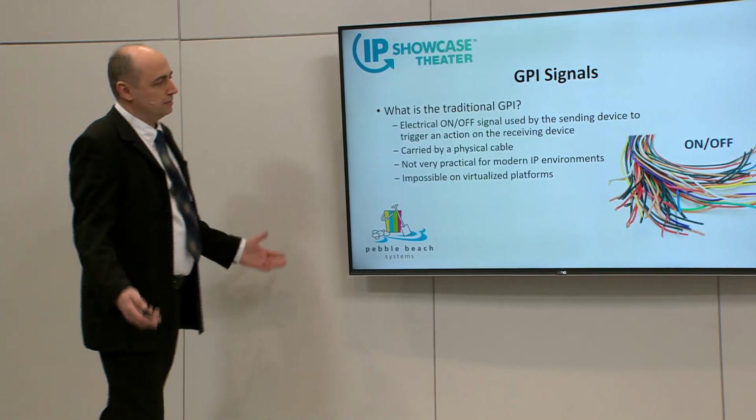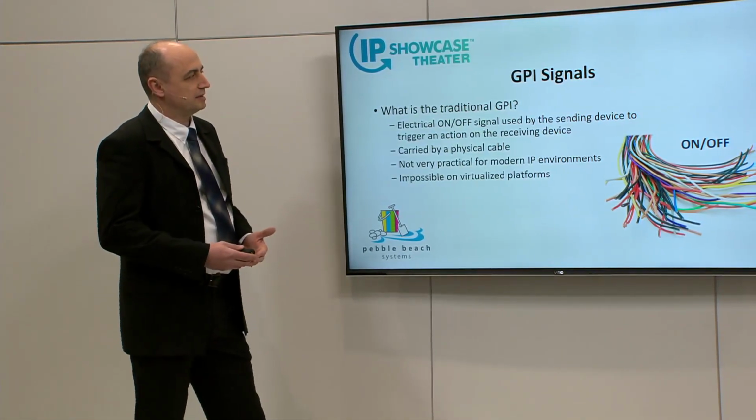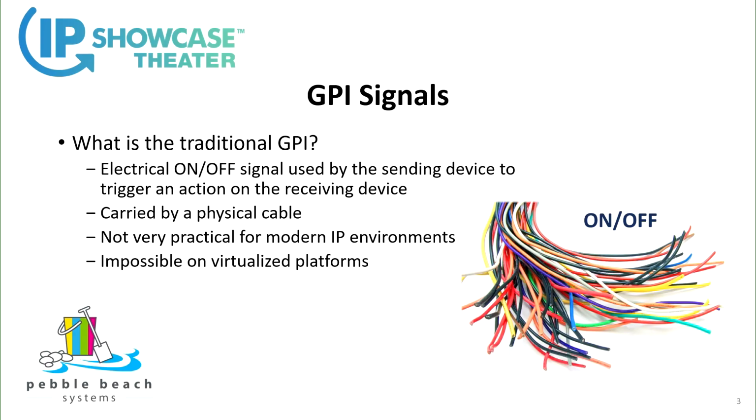I'm trying to give you a story of what the process was, how we got to this standard, and the thought process behind it. What we had previously, before the IP world, were the traditional GPIs.